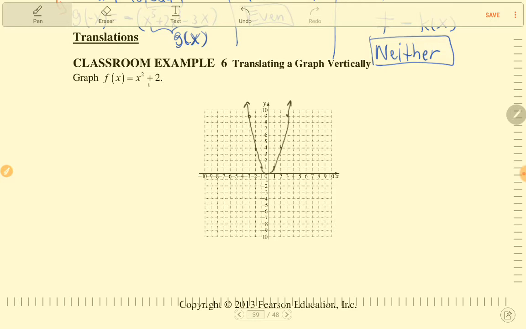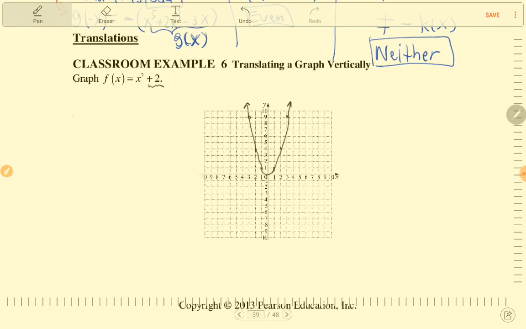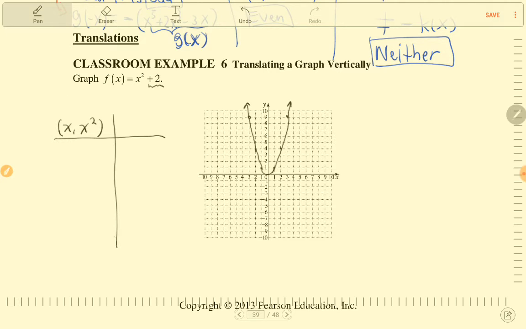And this has something added on to all the y values. So if I did a t-table here and I started off with, let's say, x comma y, or x comma x squared, compared with x comma x squared plus 2, what would that look like?